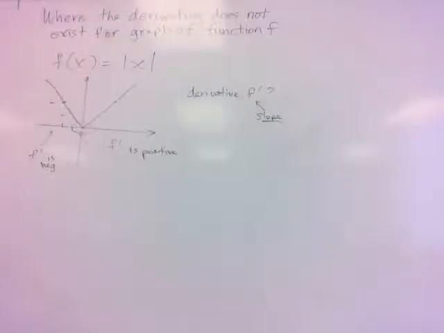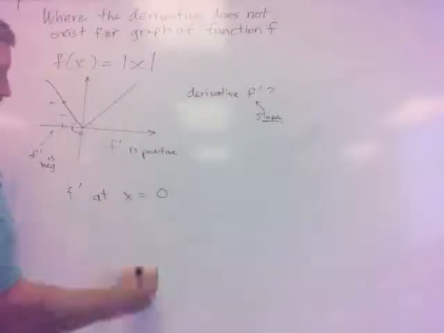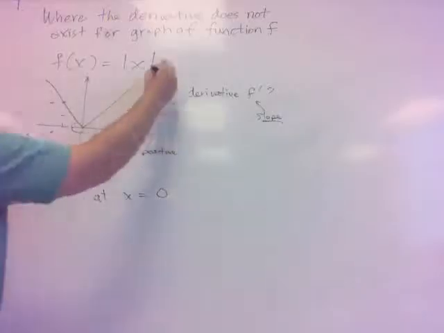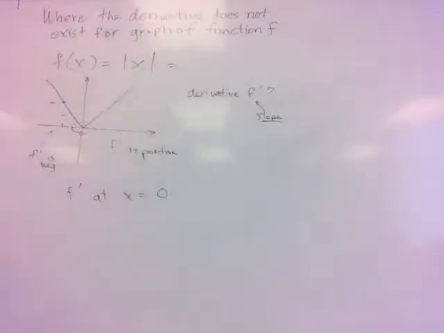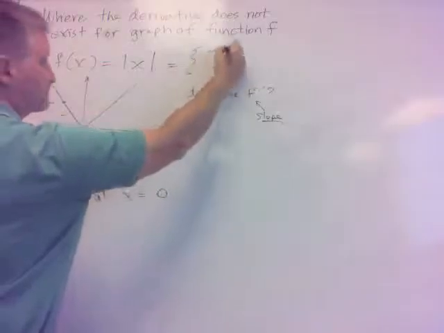We can go back. Let's think about f prime of the absolute value of x at x equals 0. And this one we can go back to the definition, splitting up into the piecewise.